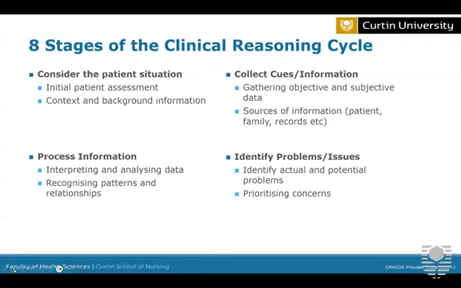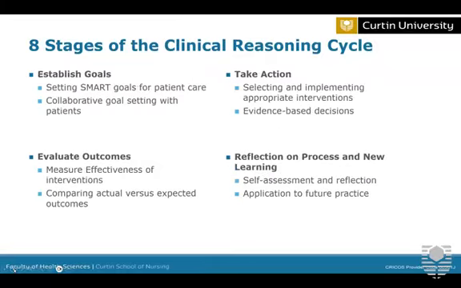And often what we're going to do is deal with actual issues, but we then have a number of potential problems or issues that can also arise. And we start to prioritise concerns. So the identification of problems or issues that will resolve the patient problem are important outcomes.